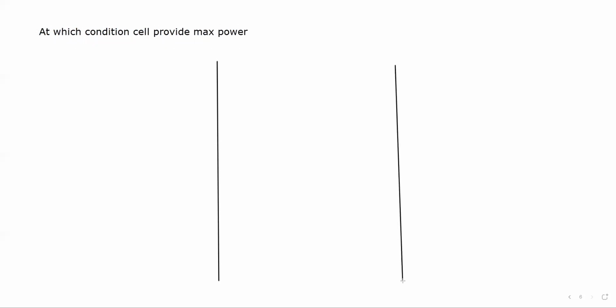Now, what is the maximum power? At which condition will the cell provide maximum power? So you have three conditions. What are the three conditions?